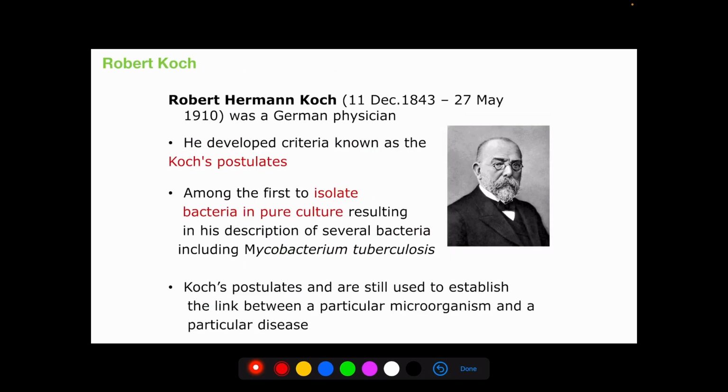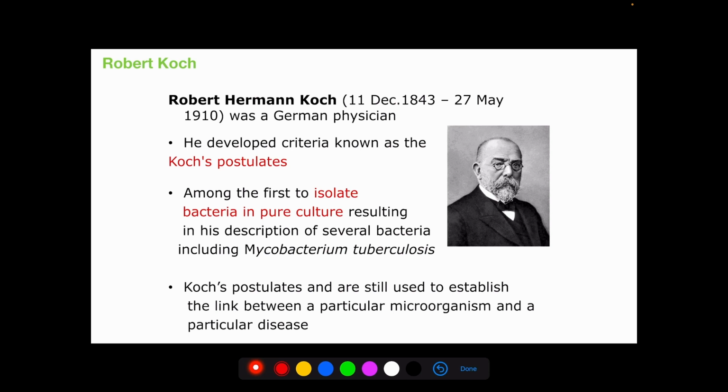Now, Robert Koch was another scientist, a German physician, who developed the criteria known as Koch's postulates. Now, what did he do? He was among the first to isolate bacteria in pure culture.